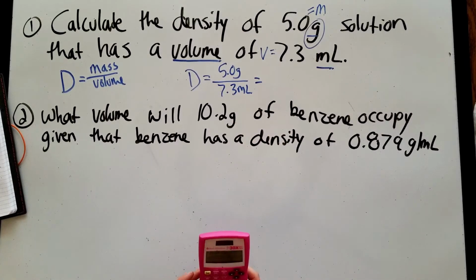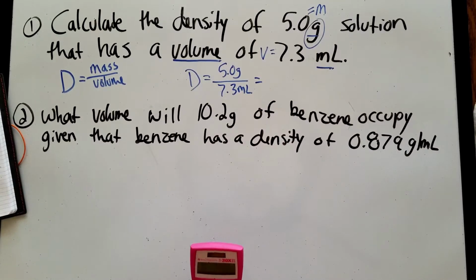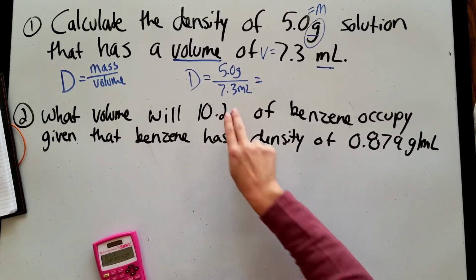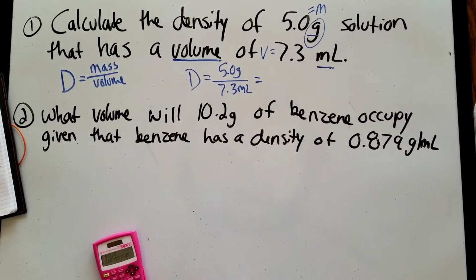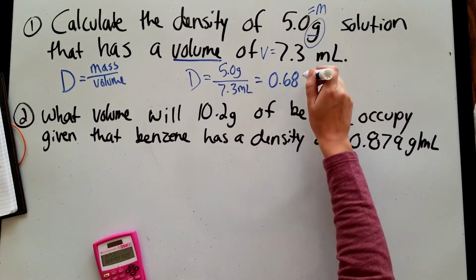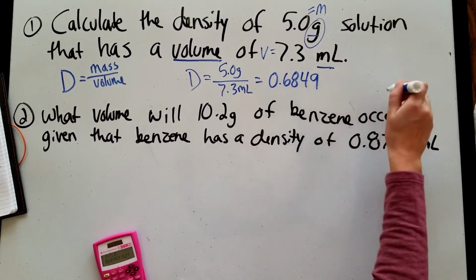Since I'm dividing, when I'm counting sig figs, I'm going to look at the numbers as a whole. So I have 2 sig figs in 5.0, 2 sig figs for 7.3, so my answer should also have 2 sig figs. So when I calculate it, I get 0.6849 and a whole bunch of other numbers.